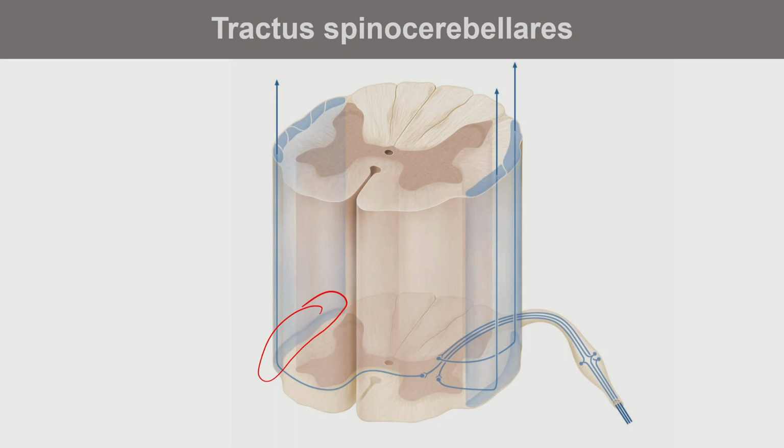They are both relayed at the level of the spinal cord, and the second neuron then has distribution, one on one side and the second on both sides. But important is this is unconscious proprioception.